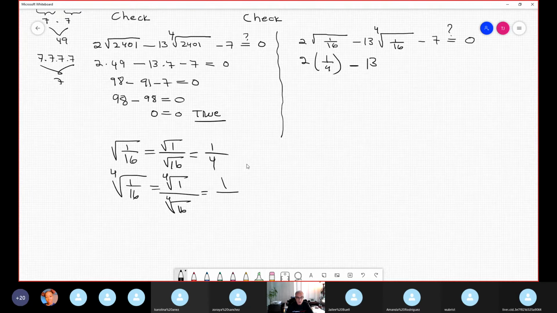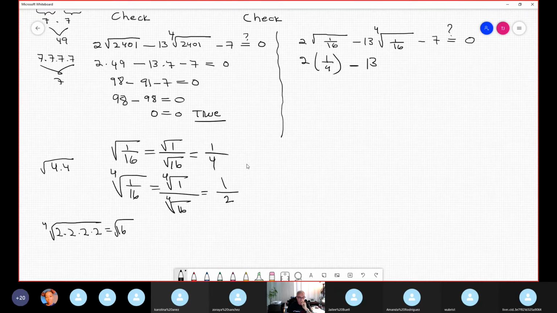And the 4 root of 16 is 2, because remember 2 times 2 times 2 times 2 is 16. So we need 4 multiplications to get 16. And this is the definition of the 4 root. Not the square root. The square root is 4 times 4.